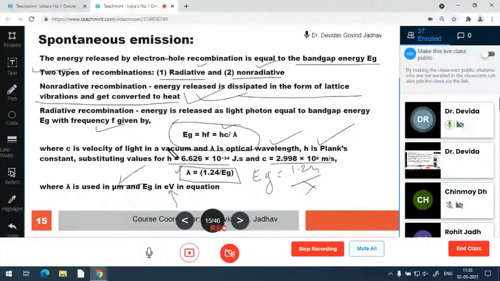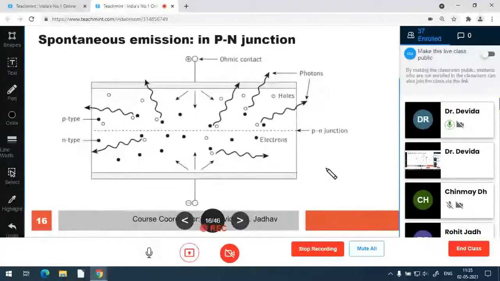So these are the simplified formulae, in which we substitute lambda in micrometers to get Eg in electron volts, or substitute Eg in electron volts and get lambda in micrometers. So this is the recombination process.